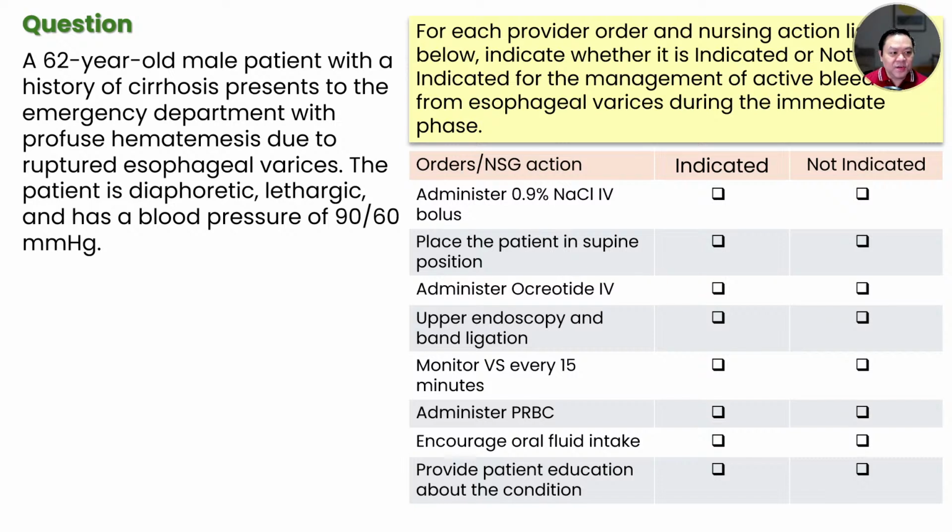A 62-year-old male patient with a history of cirrhosis presents to the ED with profuse hematemesis due to ruptured esophageal varices. The patient is diaphoretic, lethargic, and has a blood pressure of 90/60 mmHg. For each provider order and nursing action listed below, indicate whether it is indicated or not indicated for the management of active bleeding from esophageal varices during the immediate phase.